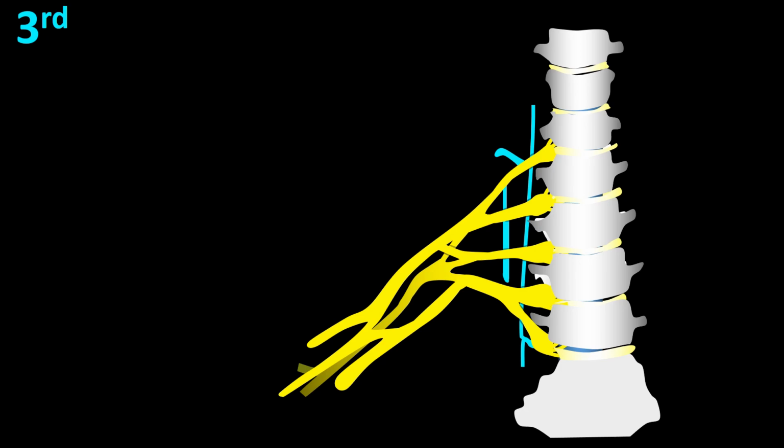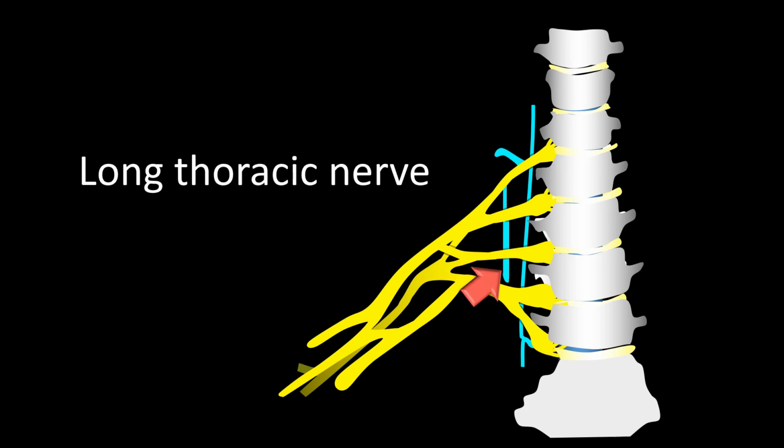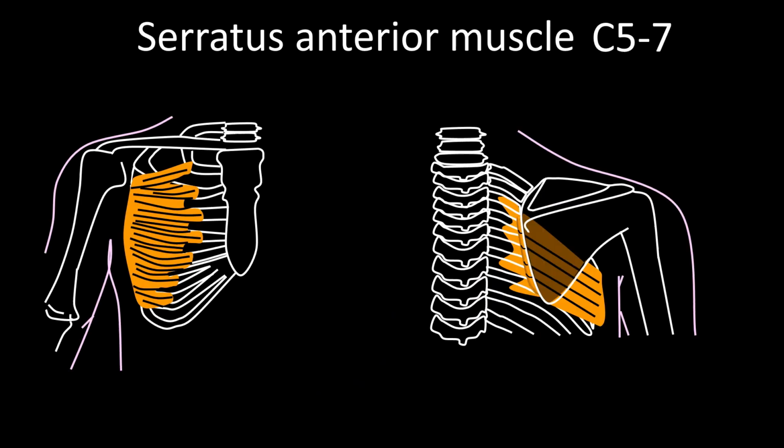The third nerve arising from the proximal region does so from the ventral rami of C5, C6, and C7. This nerve is the long thoracic nerve. This nerve innervates the serratus anterior muscle.